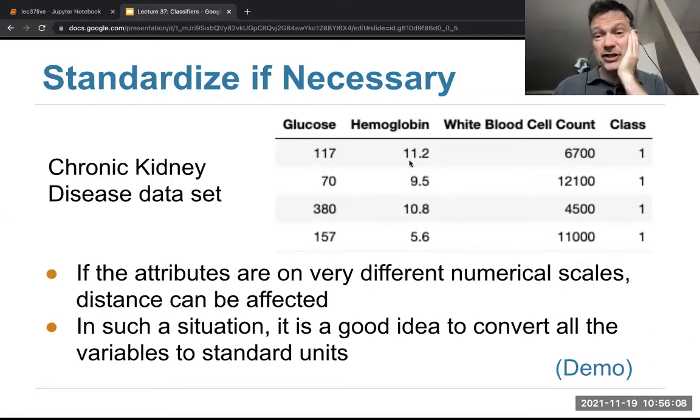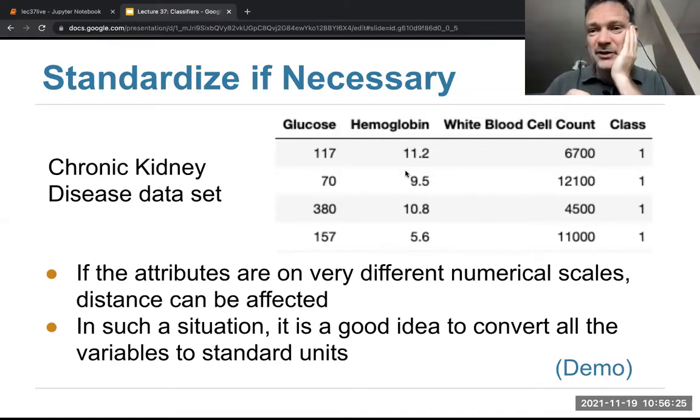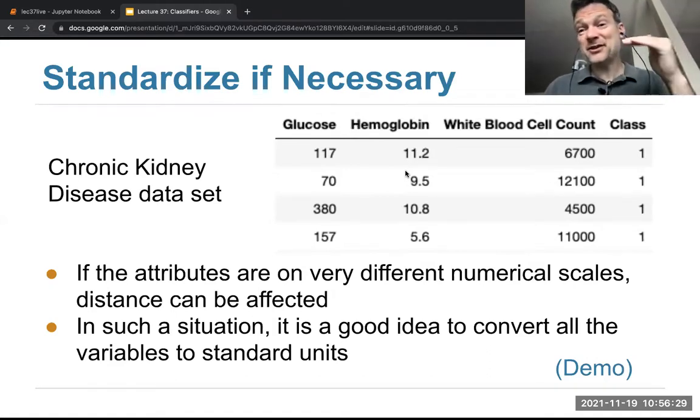By the standard deviation. So here, the standard deviation might be something like 100 times higher than it is here. So it would be reasonable to multiply the hemoglobin by something like 100, whatever that ratio in their standard deviations is. And if you think about what converting to standard units does, that's exactly what it does.